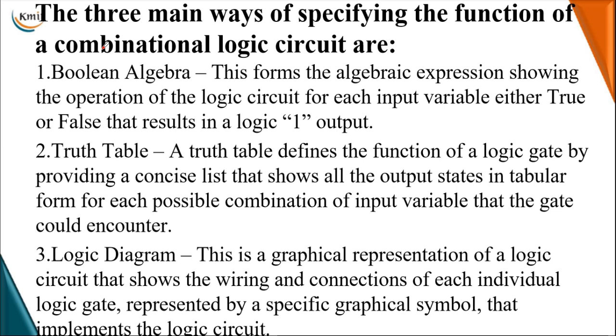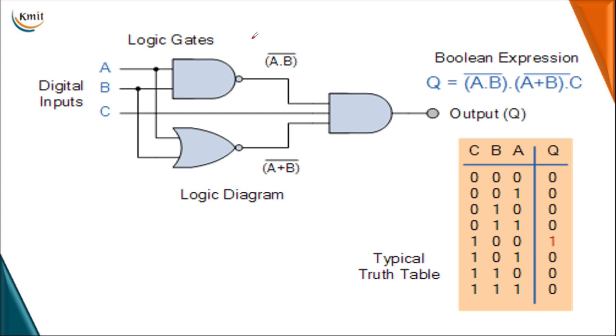Logic diagram: using a graphical representation of the logic circuit, we connect individual logic gates, represented by their graphical symbols, and implement the logic circuit. So these are the three ways of representing functions. Directly using a Boolean expression, we can relate the output to the present inputs.